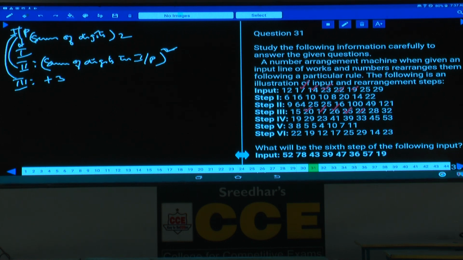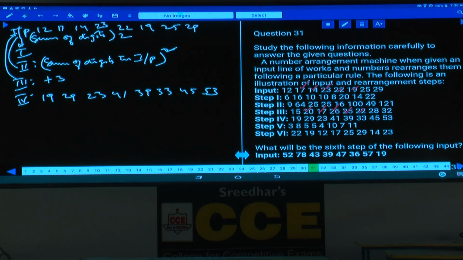Then step 4. Now what are the numbers in step 4 here? 19, 29, 23, 41, 39, 33, 45 and 53. Then tell me what are the numbers in the input. The numbers are 12, 17, 14, 23, 22, 19, 25 and 29, isn't it?